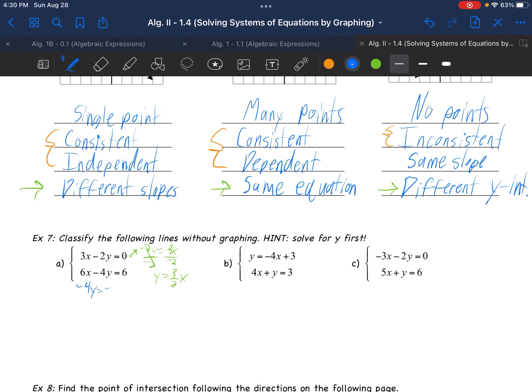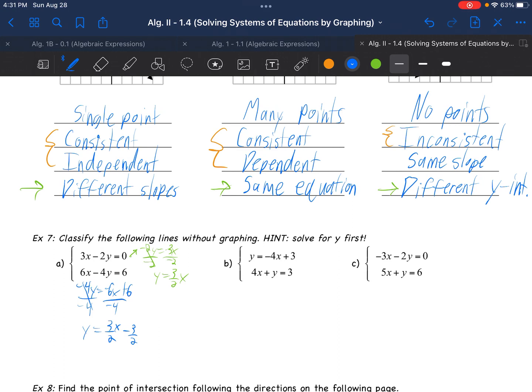Subtract 6x from both sides to get -4y equals -6x plus 6. Divide everything by -4. y equals +3/2 as 6/4 reduces, times x, minus 3/2, once again as 6/2 reduces. But this time a positive and negative give us a negative.